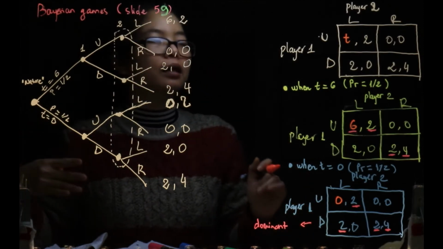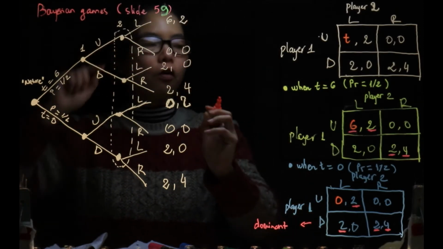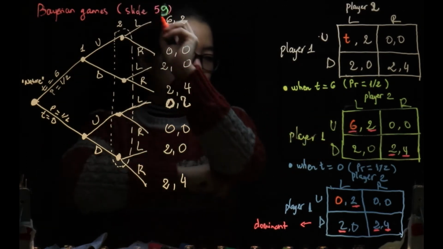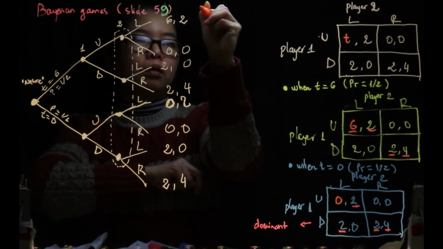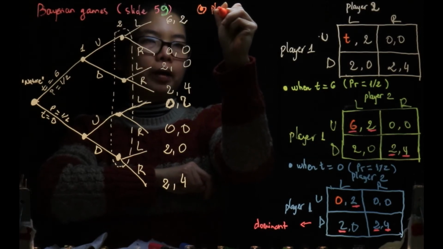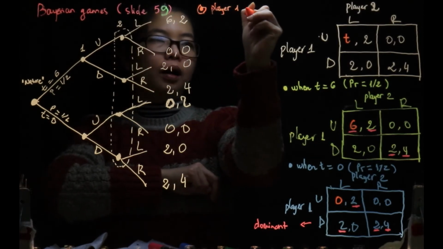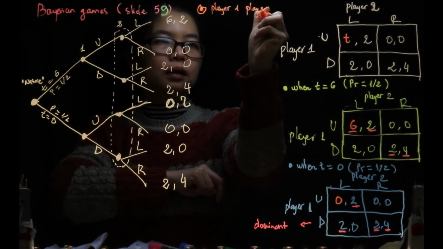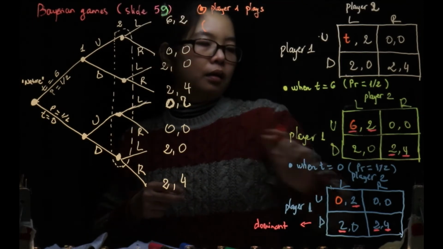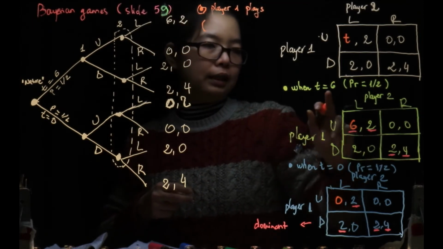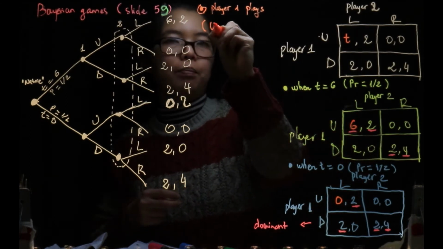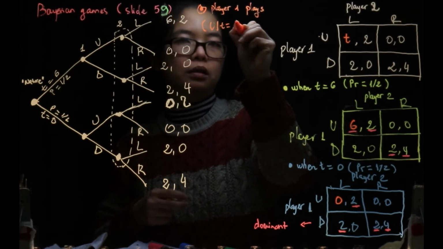So we use exactly the same notation here. For the first player, let's focus on this Nash equilibrium. The first candidate: player 1 plays up when t equals 6, right? Because here is when t equals 6.